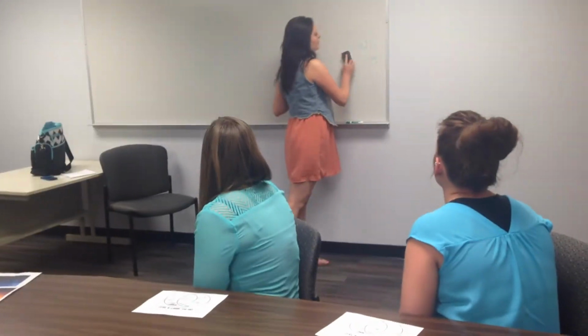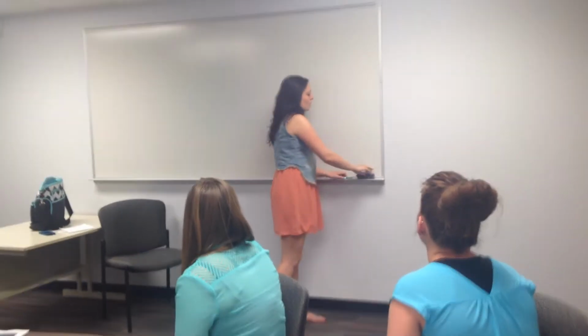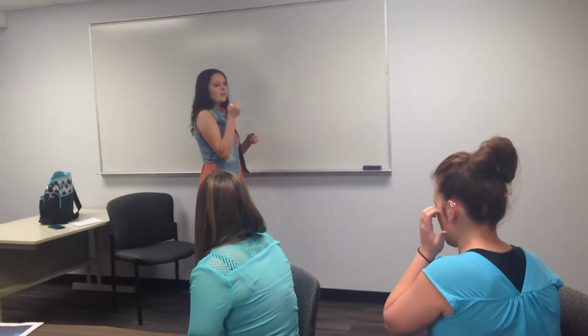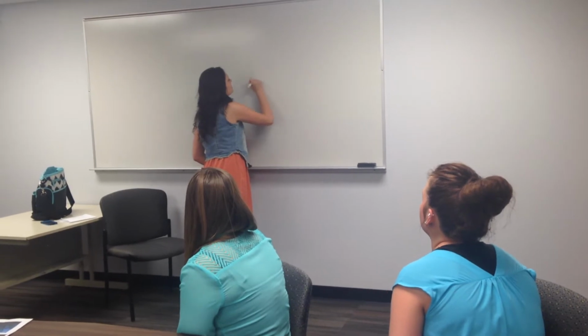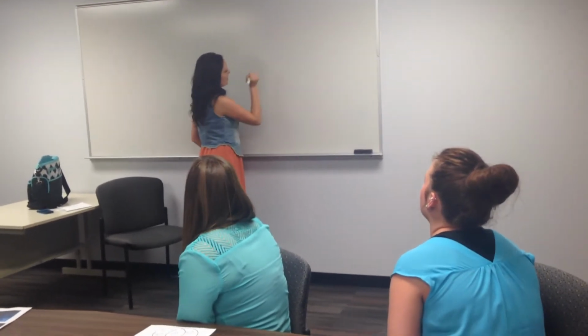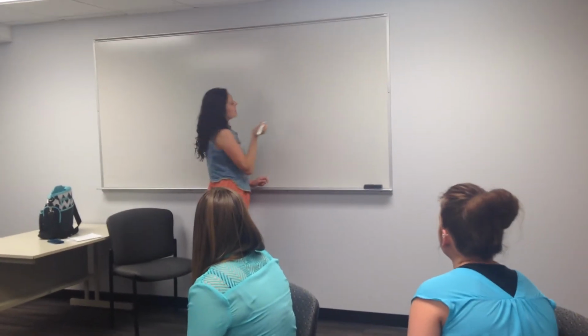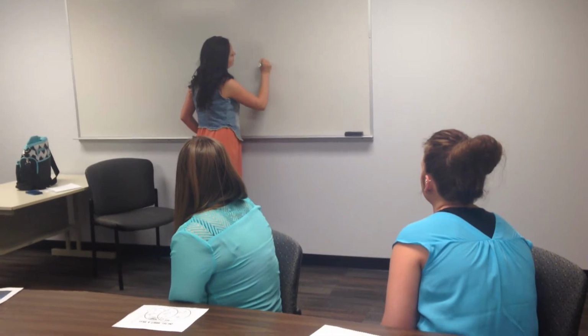Okay, next we're going to talk about what we do during the day and what we do during the night. Can one of you tell me what type of things we do during the day? Play. Yeah, play. We go to school. Yes. We eat lunch. Yes, we do.